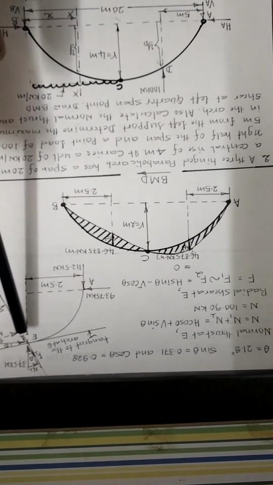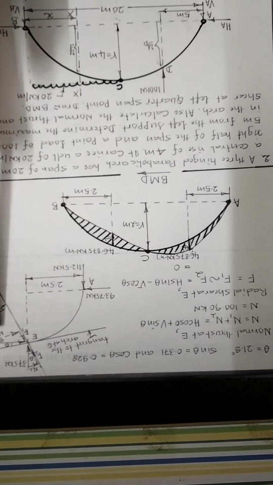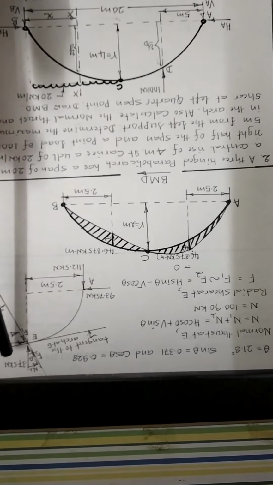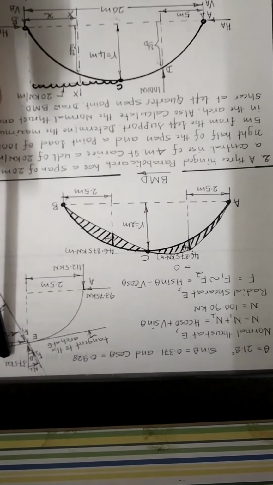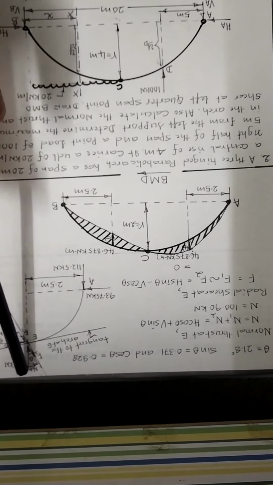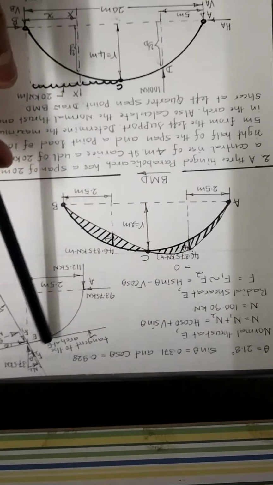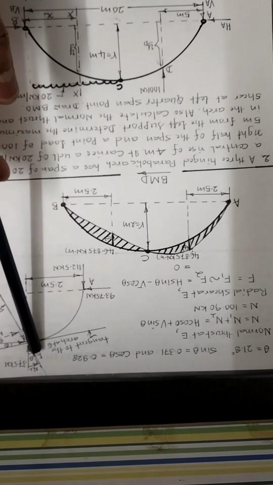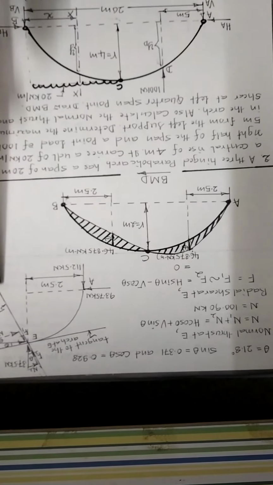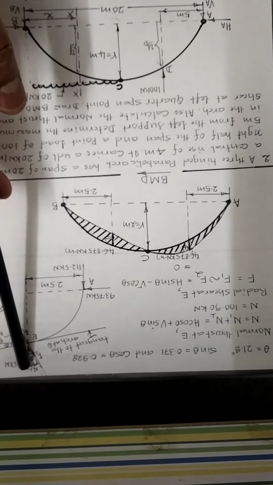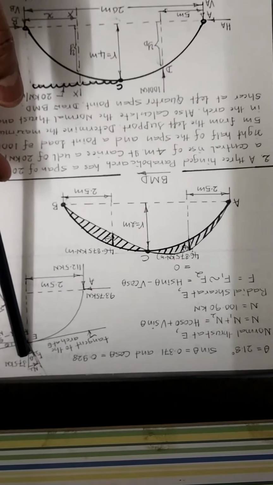These two forces, N1 and F1, should be mutually perpendicular to each other. Similarly, resolve 37.5 kilonewton into two components in two mutually perpendicular directions, namely N2 and F2. N2 is parallel to the tangential direction, F2 is parallel to the radial direction. These two forces should be mutually perpendicular to each other.